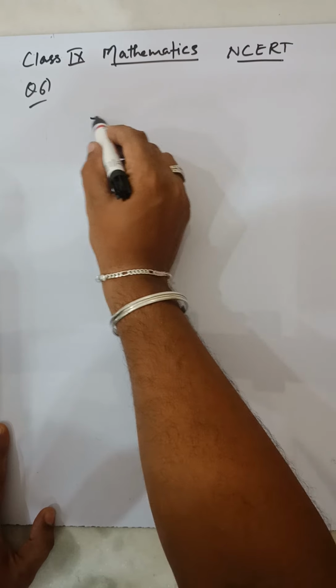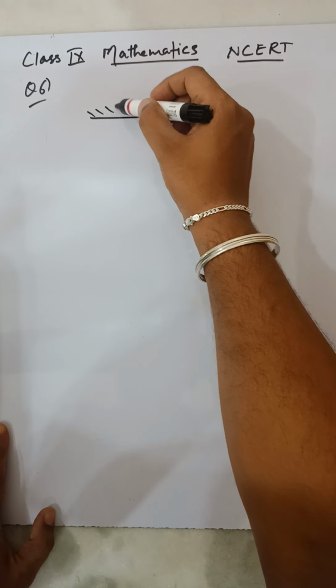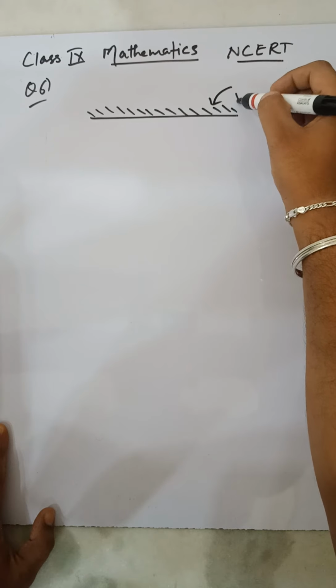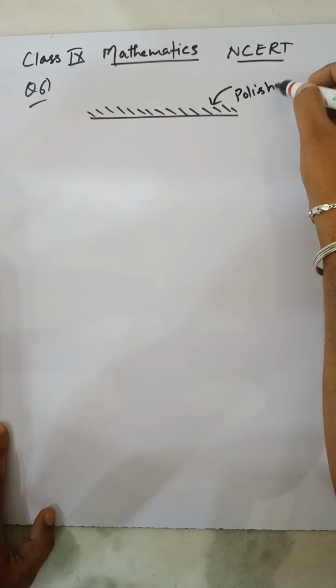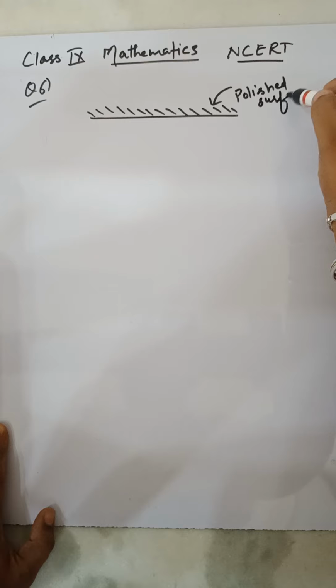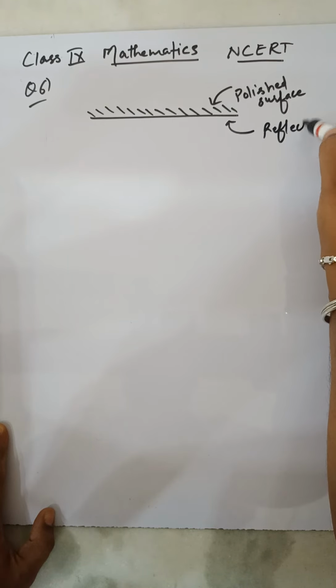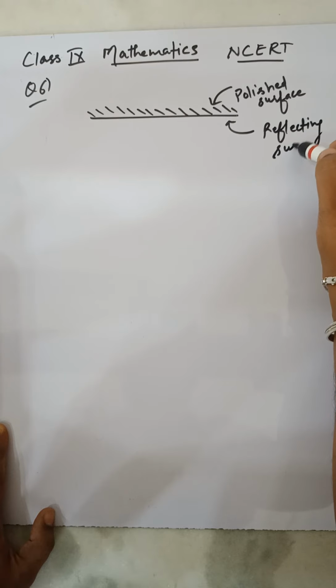We represent a plane mirror in the form of this. These oblique lines represent the polished surface and this side represents the reflecting surface.